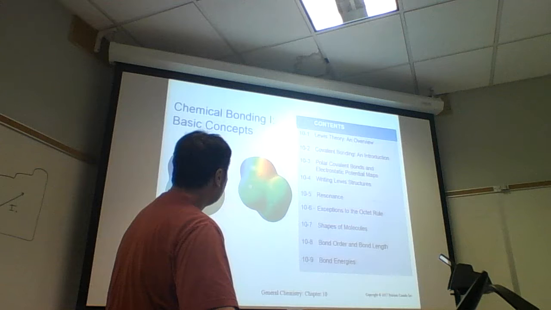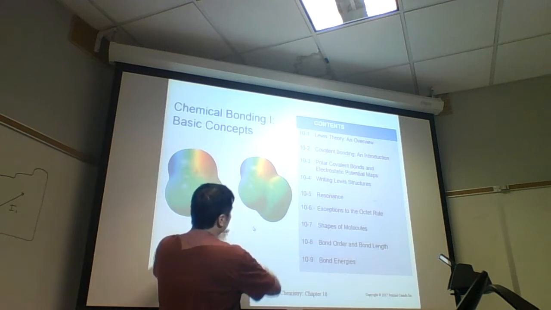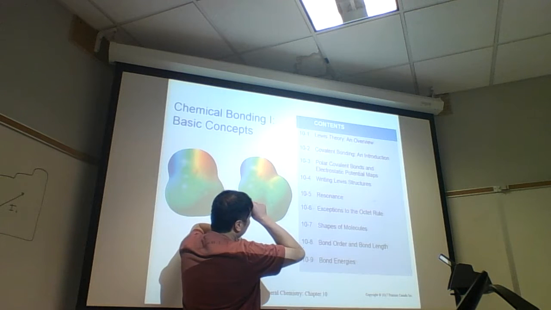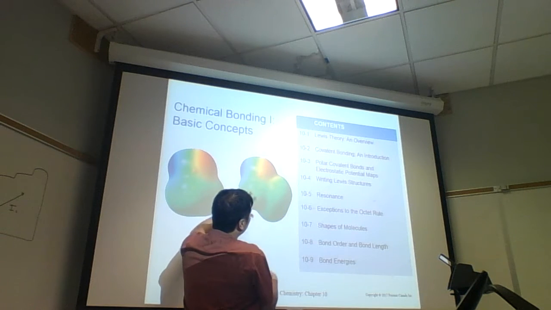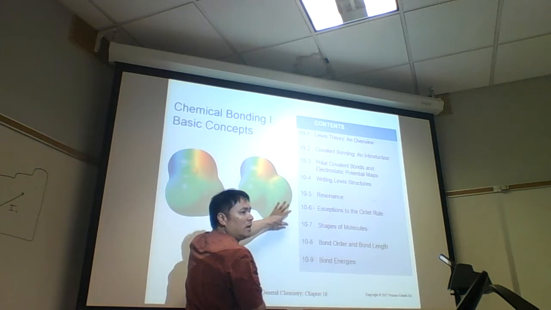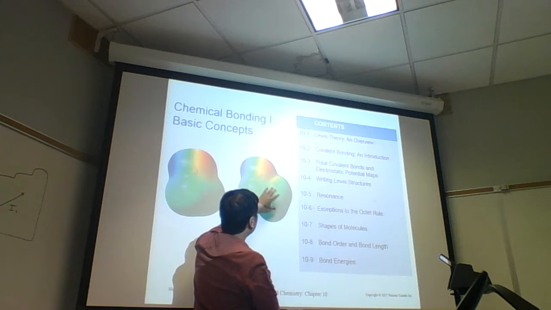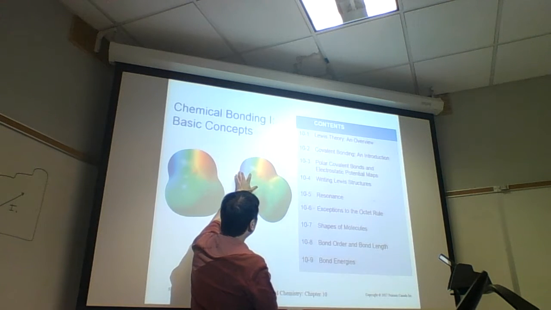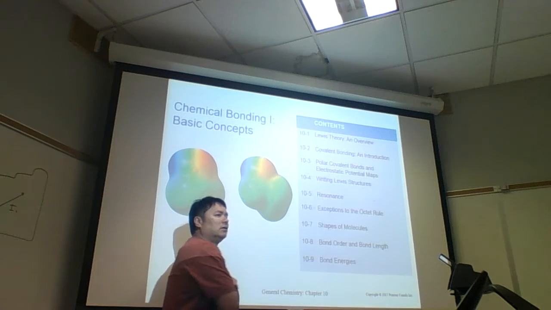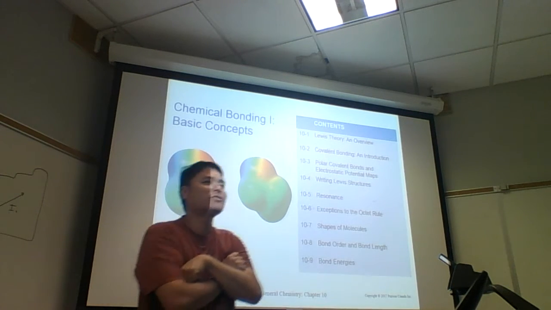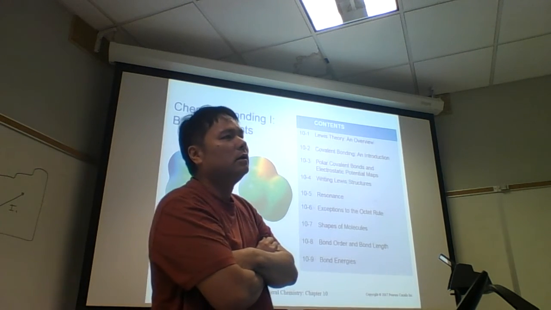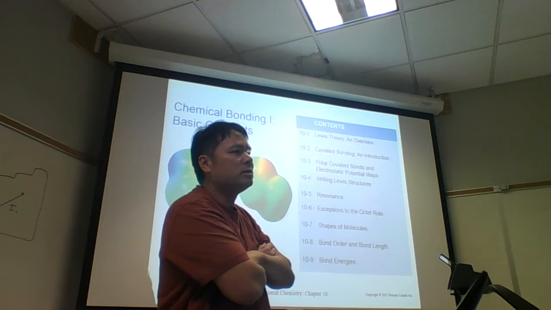These are called electrostatic potential diagrams. They look at the overall electron cloud, and then they look at rich regions of the electron cloud. If you have lots of electron density around there, is it coded as blue or red?